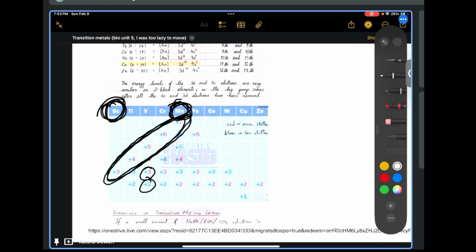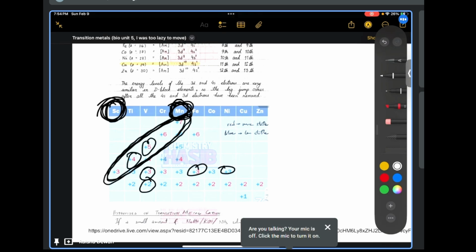From scandium to manganese, as they have oxidation states greater than +4, they will not form ionic bonds, because forming ionic bonds requires a lot of energy to remove electrons at such oxidation states. Clear? Next, from scandium to manganese, these metals will form covalent bonds, and the covalent bonds will be really strong.